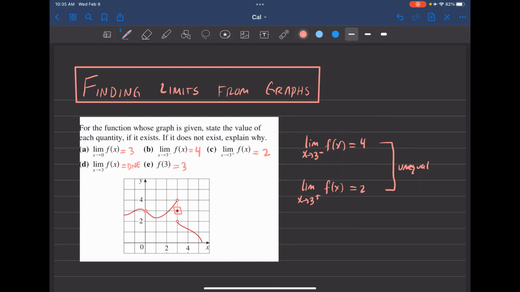So the function evaluated at 3 is 3, but the limits are different. And it's okay because the limit doesn't have to be in the domain of the function. It's evaluated nearby that point. So it makes sense to say that there is a discontinuity at x equals 3. The function is not continuous.